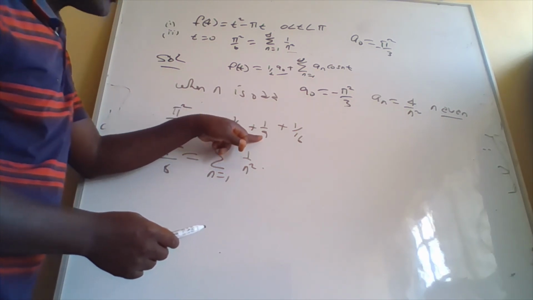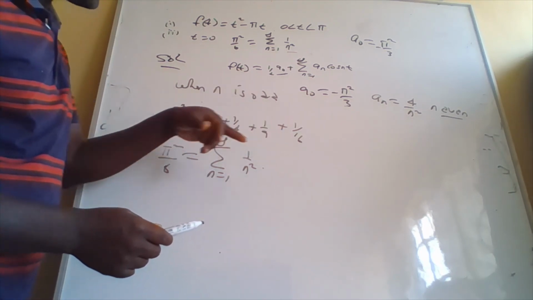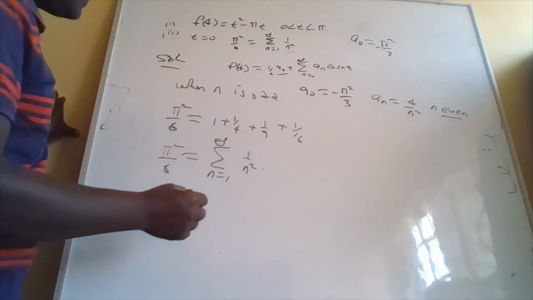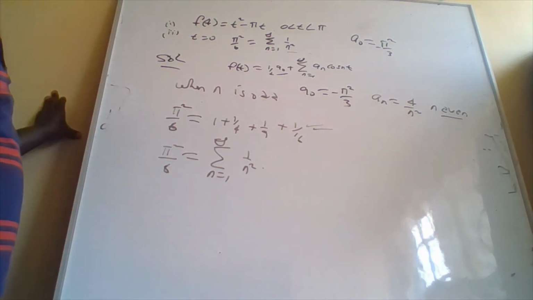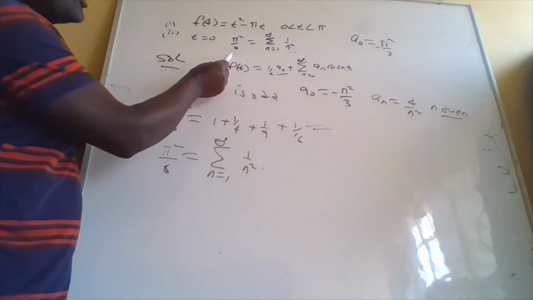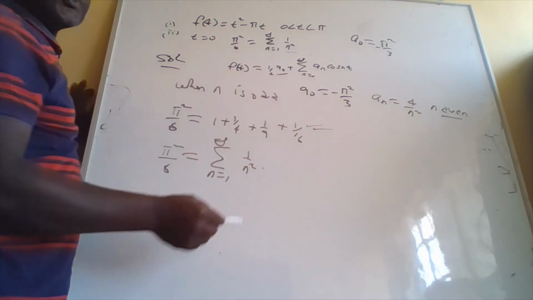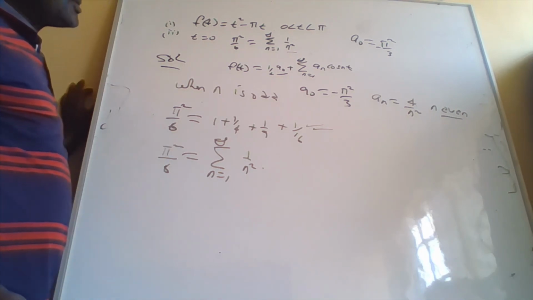When n is 4, it will be 1 over 4 squared, which is 1 over 16. So we have shown that pi squared all over 6 equals the summation of 1 over n squared, starting from n is 1 up to positive infinity.